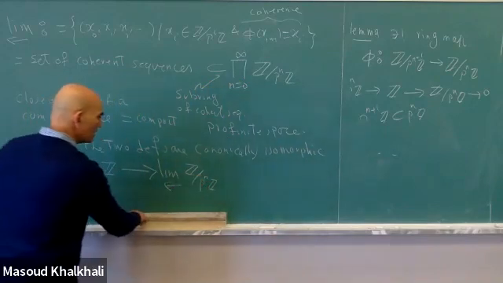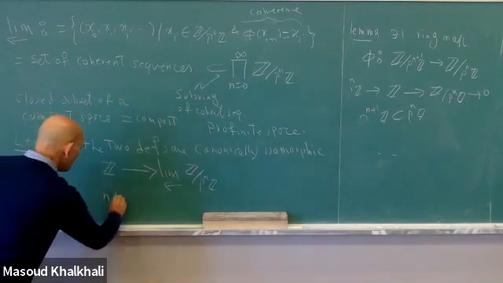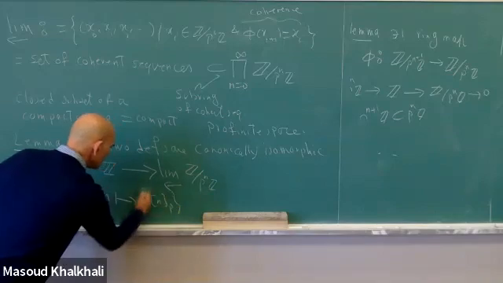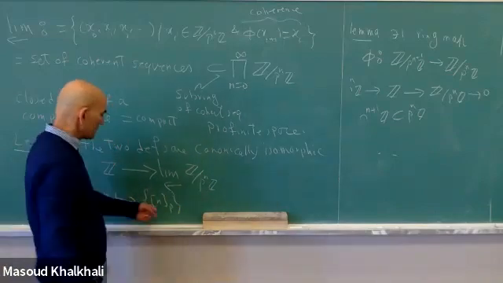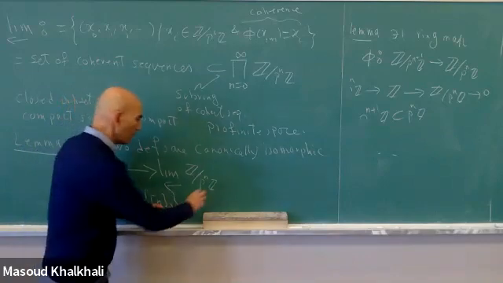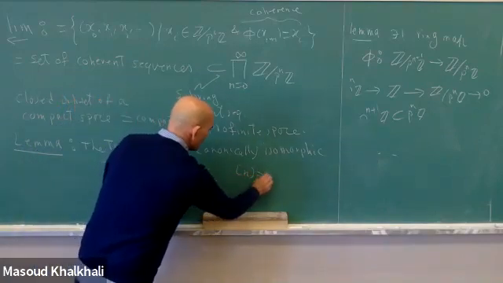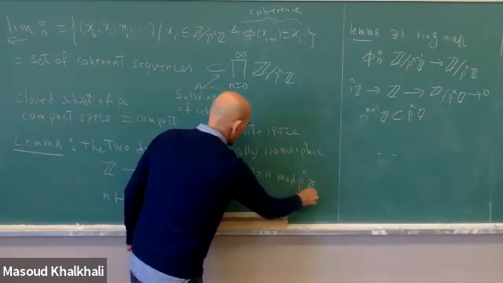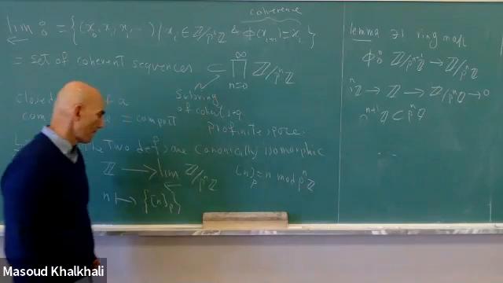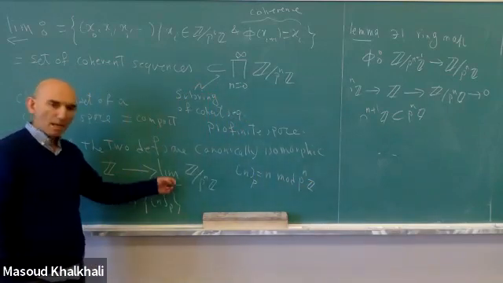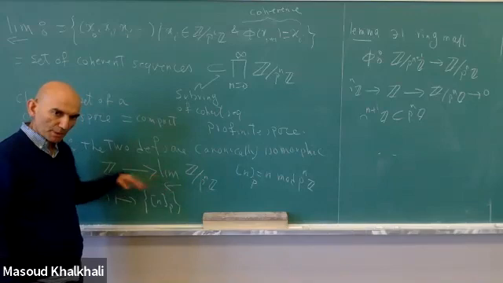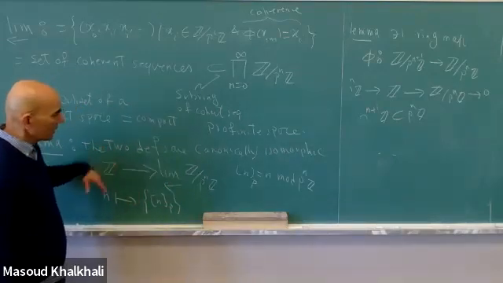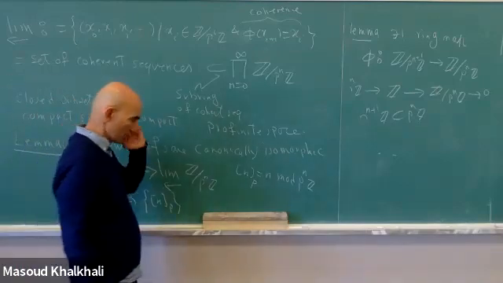So you just send n to the sequence of its classes, n mod p^n Z. This is a continuous map. It extends, this is a complete space, it extends to the completion here, and everything just works.